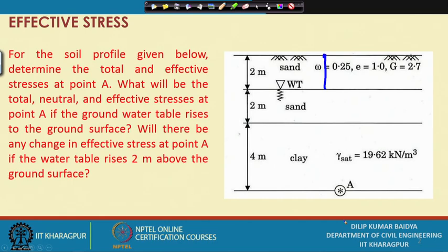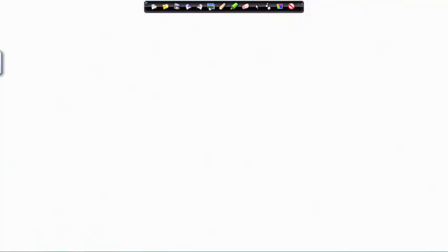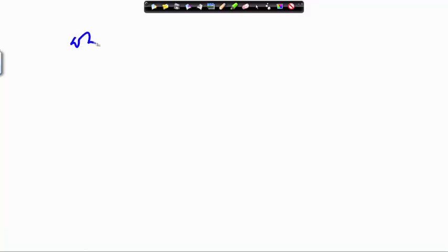So, this one again let us see, this part when you will do, when water table is at the ground surface.